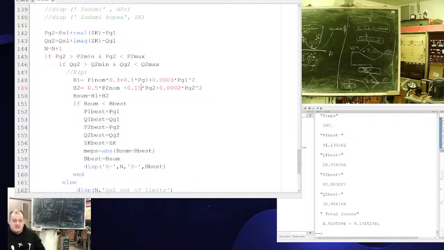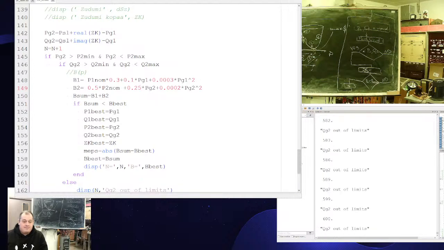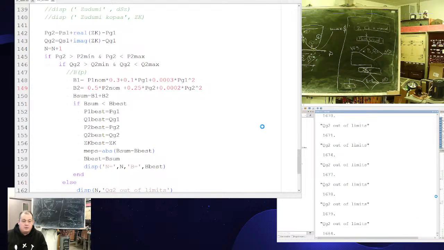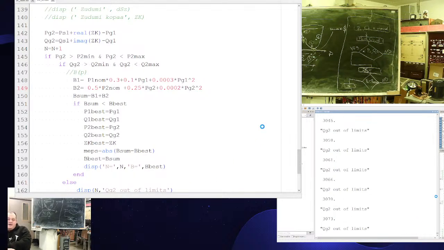Maybe let's make it less efficient. Now second machine is less efficient. Oh. It's not easy. Lot of unsuccessful tests.